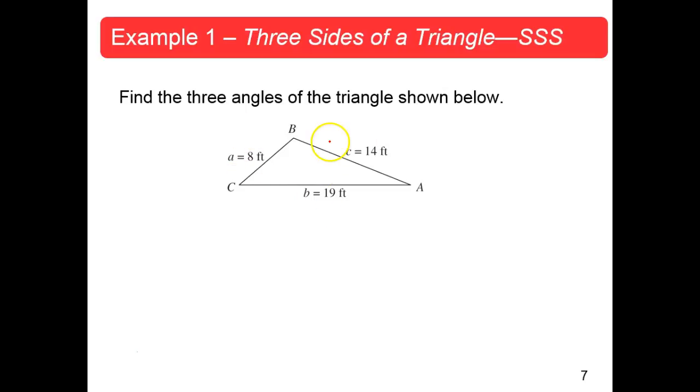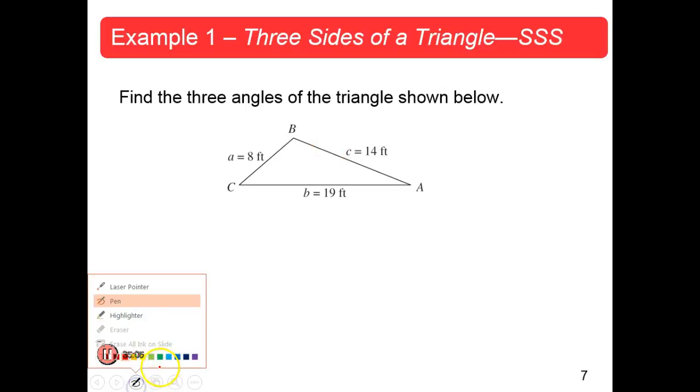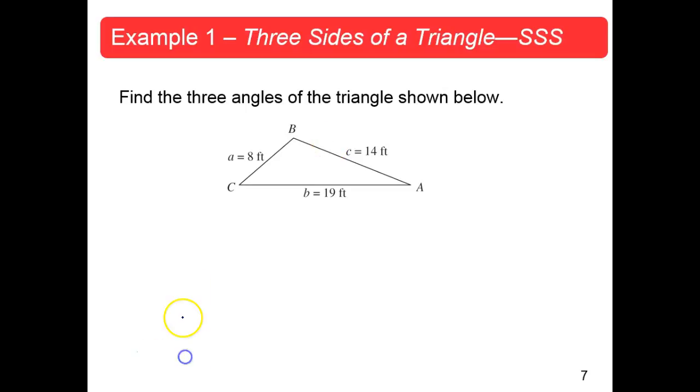Here you have the three sides, and you're looking for the three angles. So it's not going to be the standard form. It's going to be the alternative form.